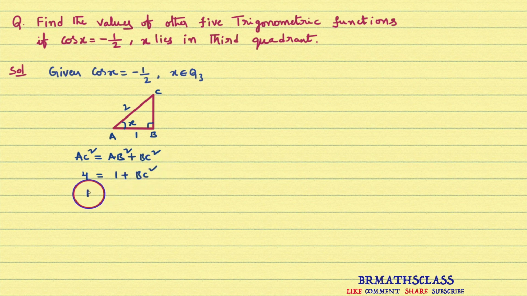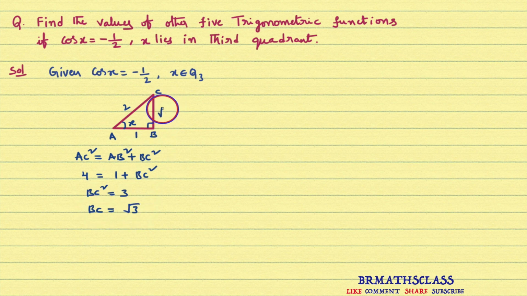Actually, you want to find the BC value. So BC square equals, you take 1 to this side, 4 minus 1 is 3. What is BC? BC equals plus or minus root 3. But BC means distance between the points, and distance between the points is always positive. So we take BC as root 3.